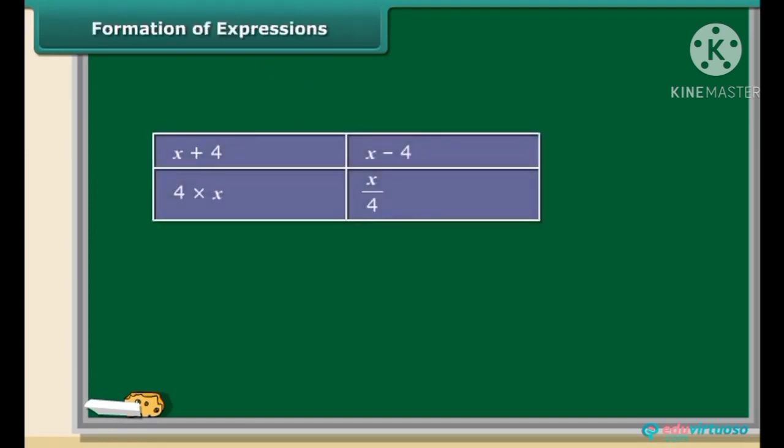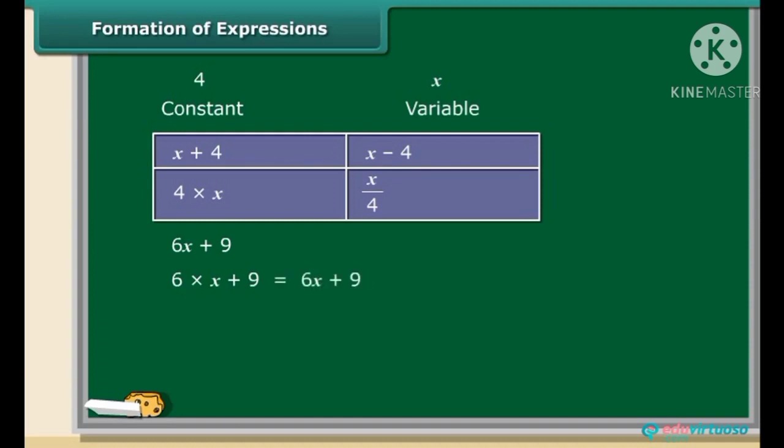An algebraic expression is formed by combining variables and constants with the help of plus, minus, multiplication and division. Let us see how the algebraic expression 6x plus 9 is formed. 6 is multiplied by x, then added to 9.